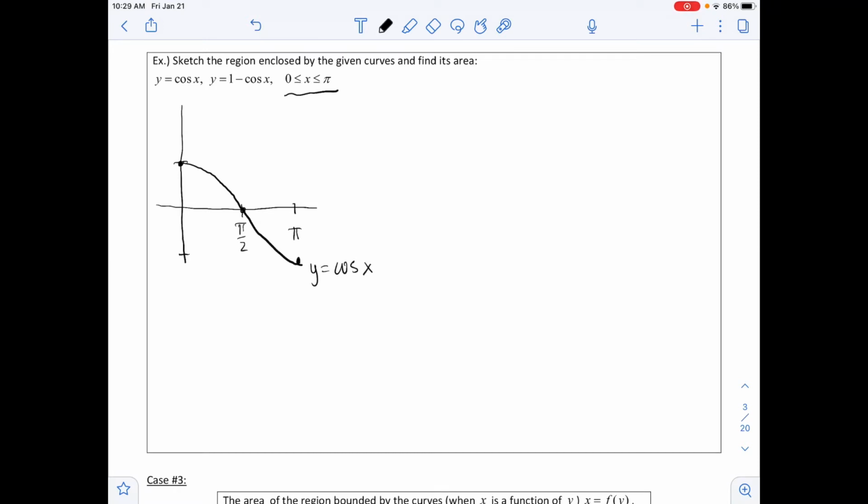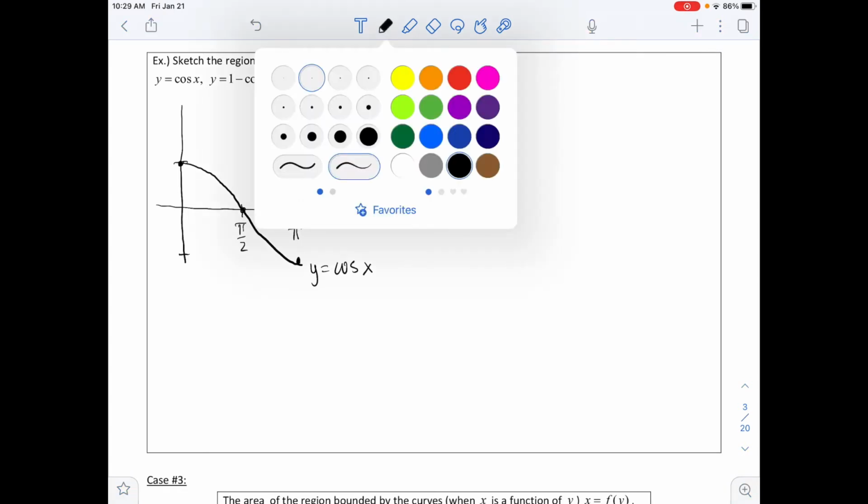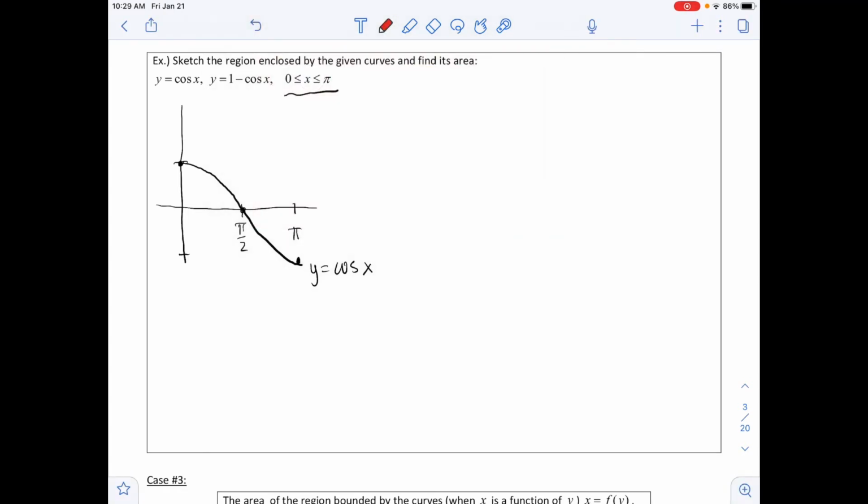For my second graph, I'm going to go ahead and switch colors here. I have y equals 1 minus cosine x. So cosine of 0 is 1. 1 minus 1 would be 0. So starting there, at pi over 2, cosine is 0, and 1 minus 0 would be 1.